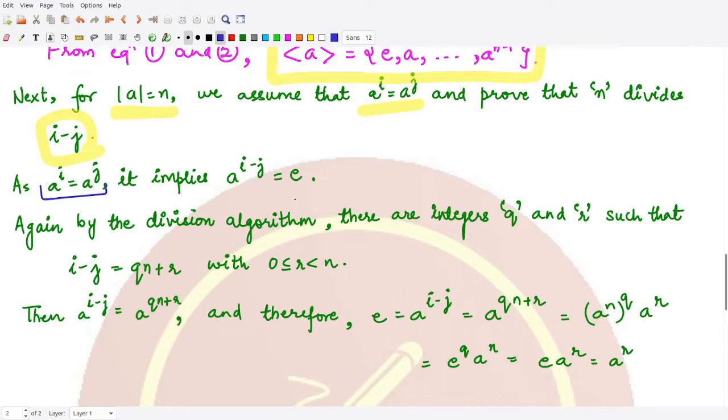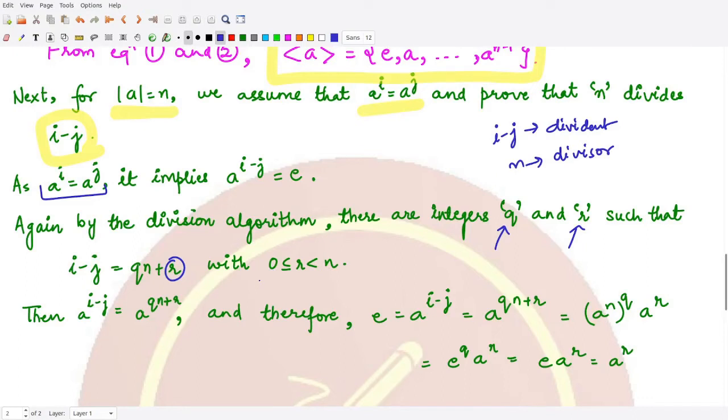So now we are applying the division algorithm, taking i minus j as the dividend and n, which is the order of the element a, as the divisor, right? With this dividend and this divisor, we have the integers q and r such that i minus j is equal to qn plus r, where this r would lie between 0 and n, and we have equality at 0.